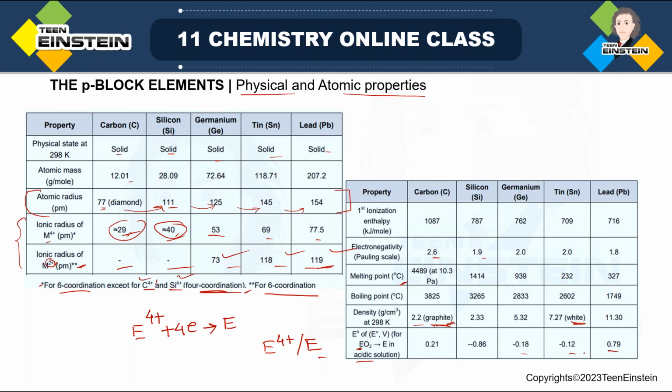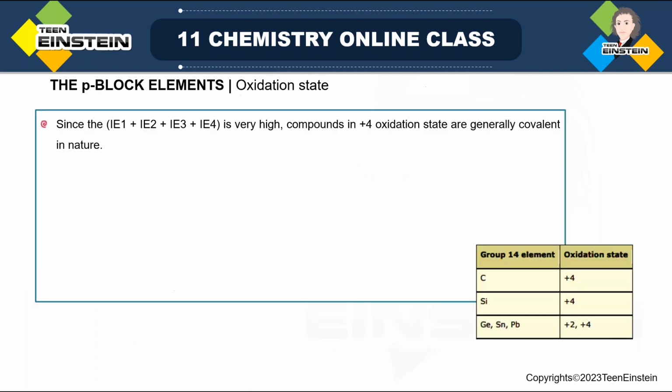So here we have the summarization for all the physical and atomic properties, right? Oxidation state of group 14 elements. Now, if you want to get a free ion, I am writing it as E, where E may be carbon, silicon, germanium, anything.